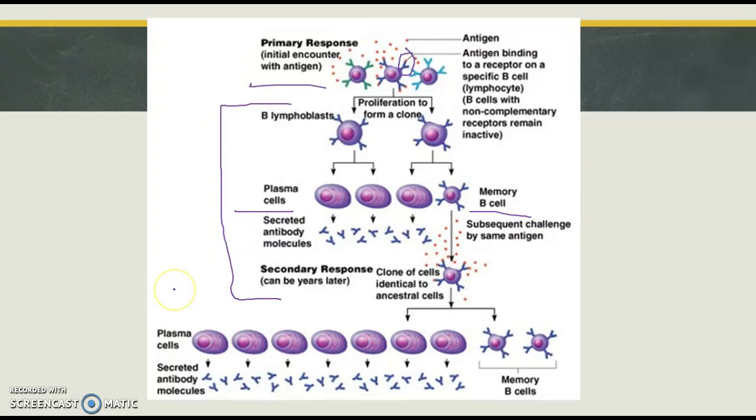Plasma cells just start pumping out antibodies like crazy, up to 2,000 a second. And then the memory cells are going to hang out until you come into contact with that antigen again. And then it's going to create a much larger immune response. And that's why you don't get sick the next time you come into contact with that antigen, because you're able to have a faster and more powerful immune response to it.